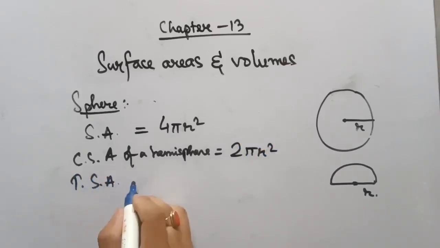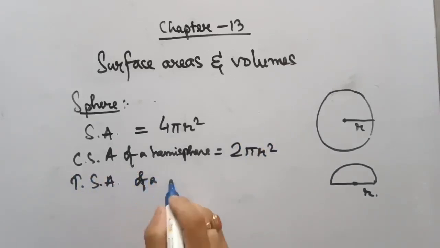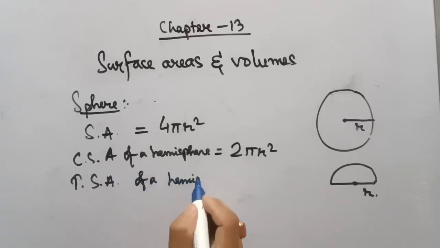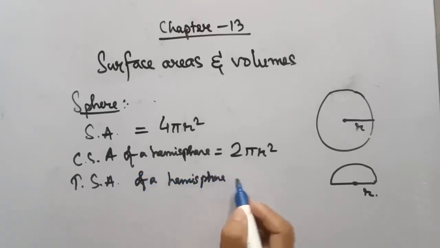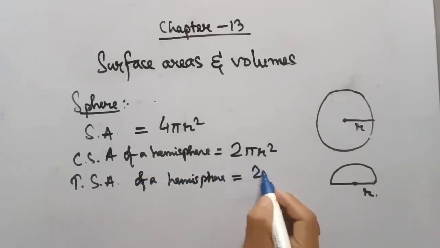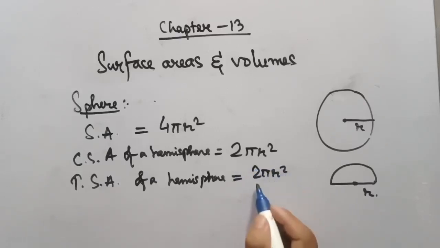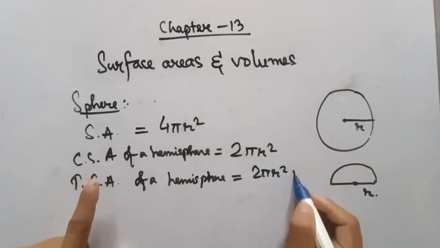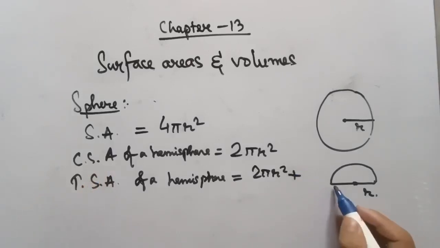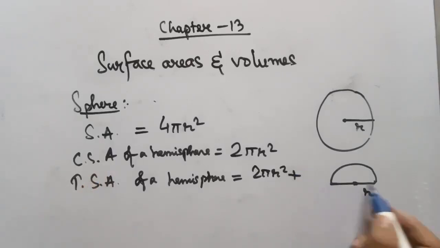The total surface area of a hemisphere will be the sum of the curved surface area, 2 pi r square, plus the area at the base, which is in the form of a circle.